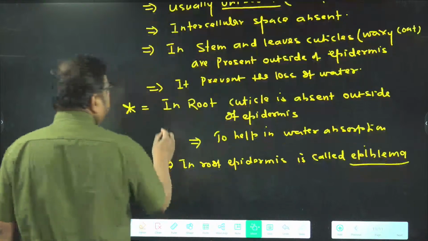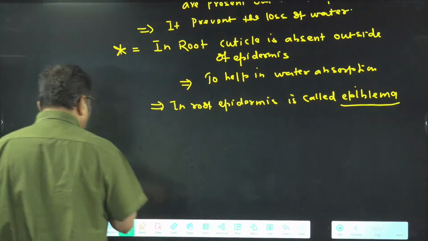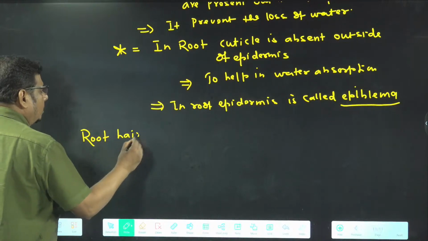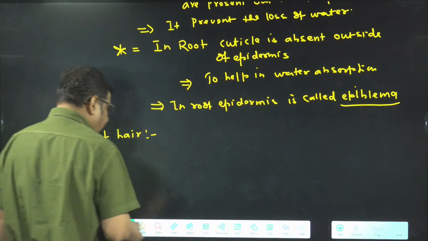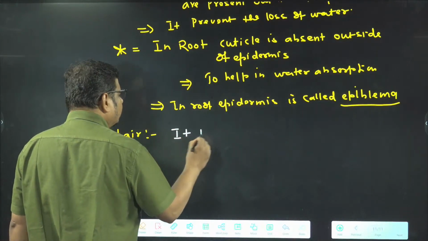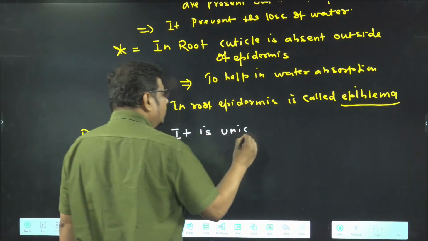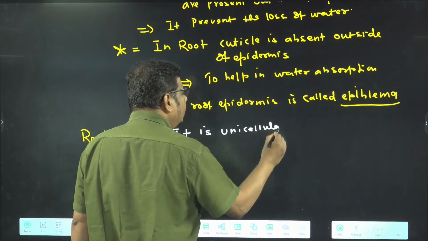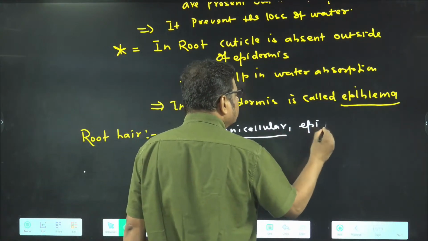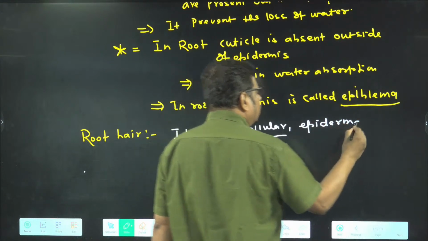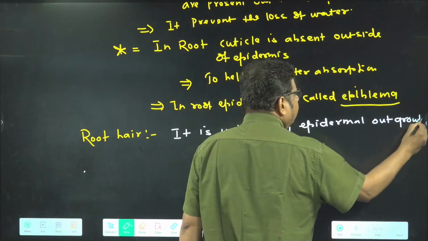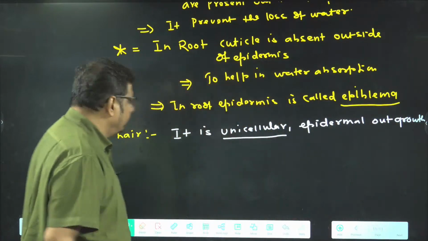Now after the epidermis, I am writing about root hair. Every component I am writing. Root hair. Two things you keep in mind. One, what is important here is it is unicellular. I am specifying unicellular here. So it is a unicellular epidermal outgrowth. It is an appendage, an outgrowth of the epidermis.